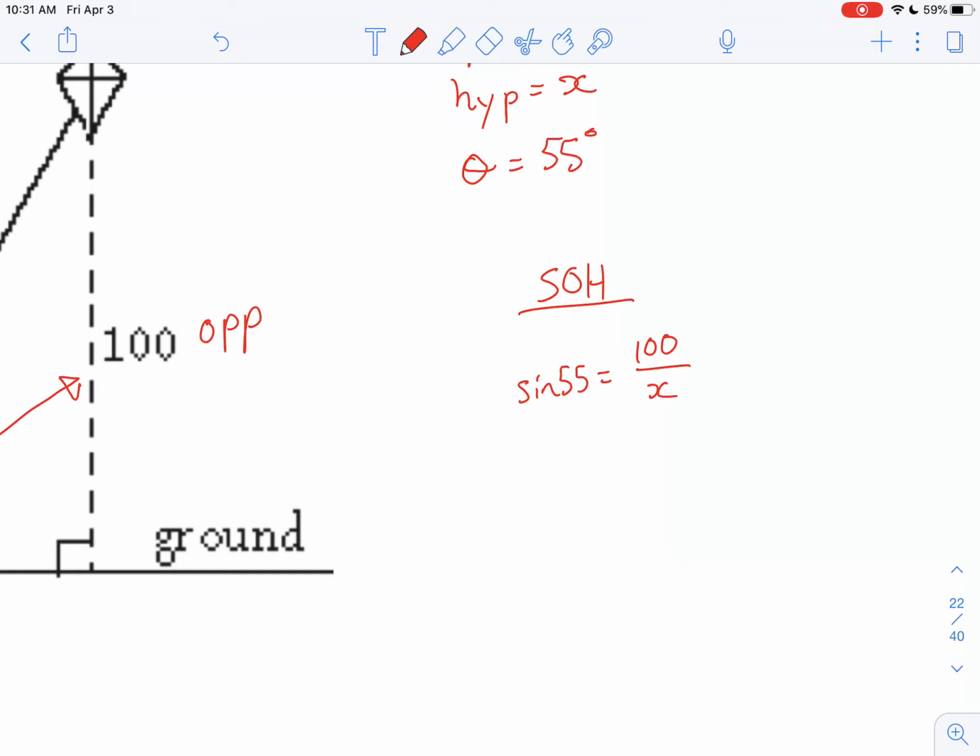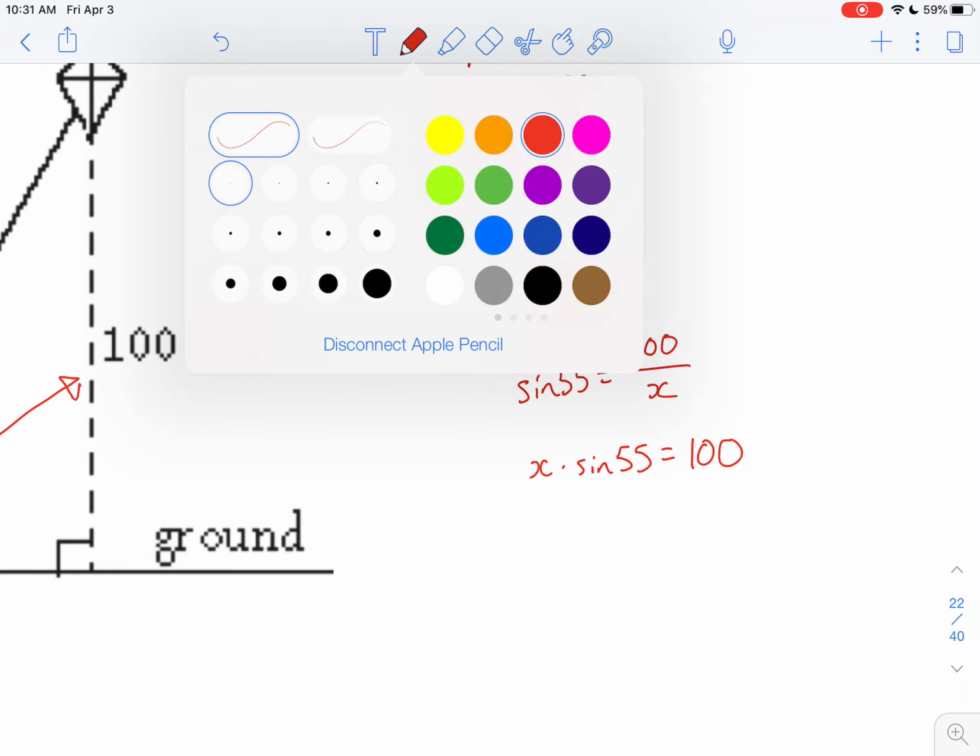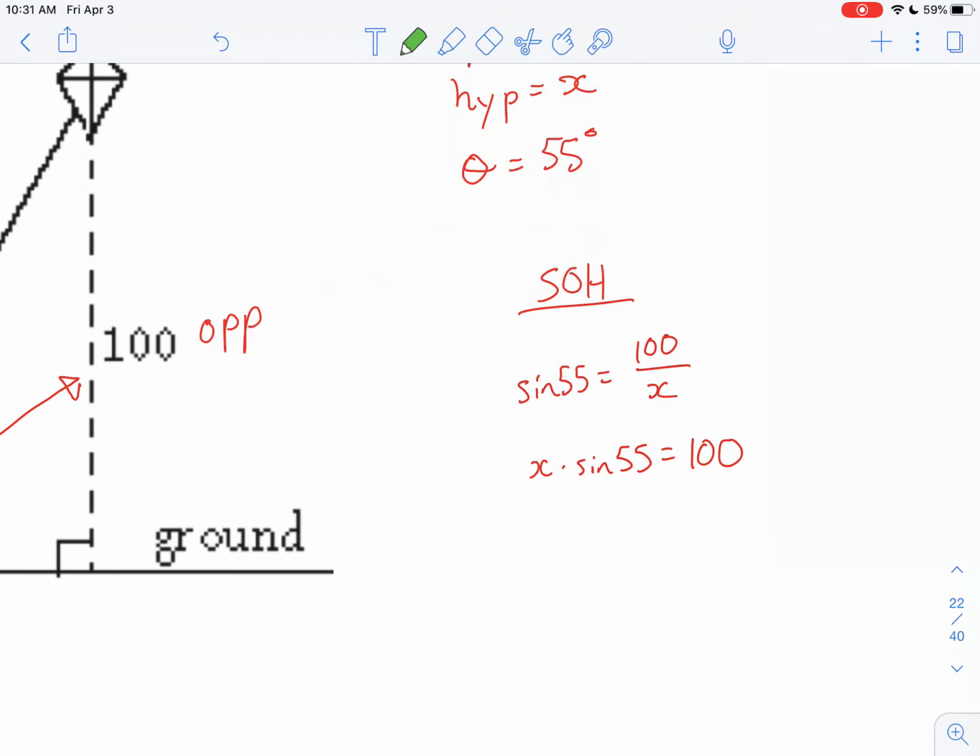So I'm going to multiply both sides by x. x times sine 55 is equal to 100. If you didn't see what I did there, you can go back to a previous lesson. I'll show once, but I'm going to fly through this one pretty quick. I'm multiplying both the left side and the right side by x.